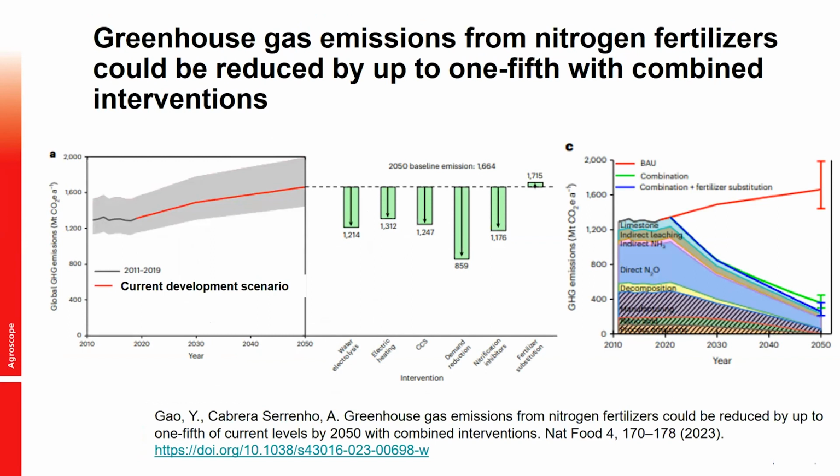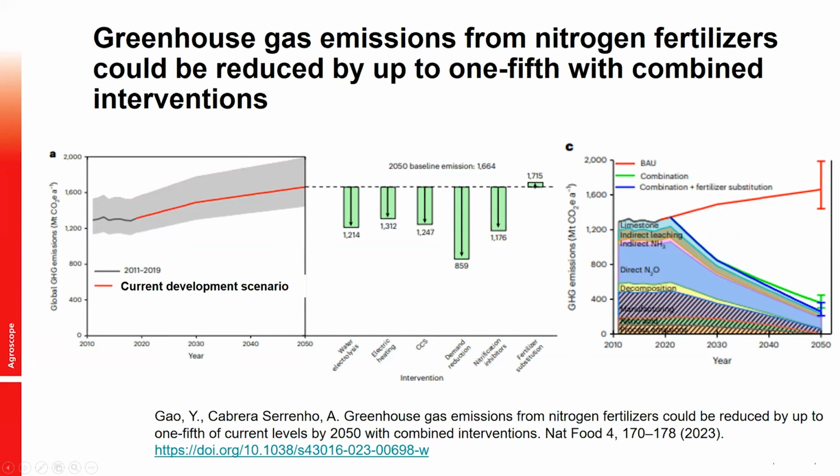Having said that, I also want to show another slide showing that greenhouse gas emissions from nitrogen fertilizers could be reduced by up to one fifth with combined interventions focusing on many different loss pathways. On the very left, in black, you can see the current global greenhouse gas emissions, which are projected to still increase quite a bit until 2050. In the middle graph, you can see our reduction potentials in relation to agriculture.